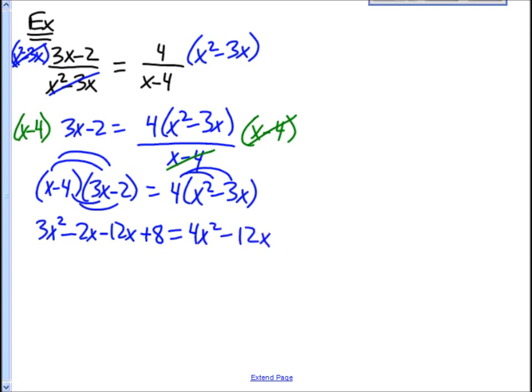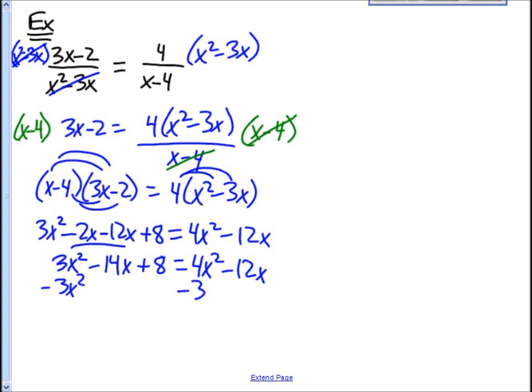Okay. Get one side equal to 0. Well, let me combine those first. Let me take this 3x squared over. So I'm going to get the left-hand side to be 0. Let me add this 14x.